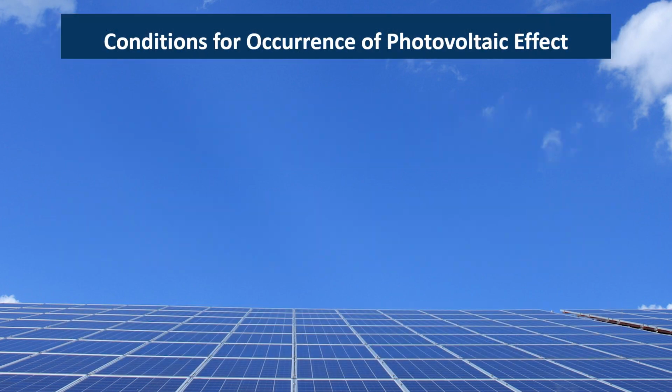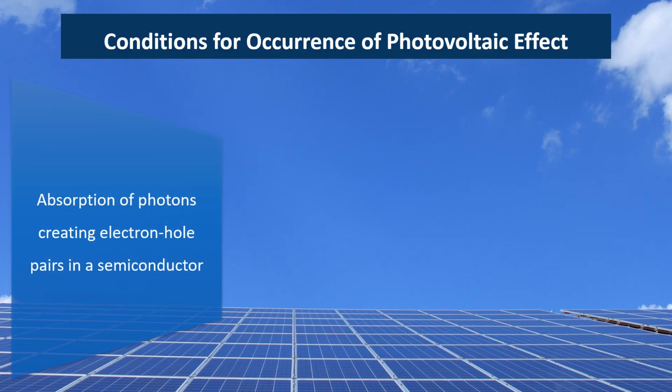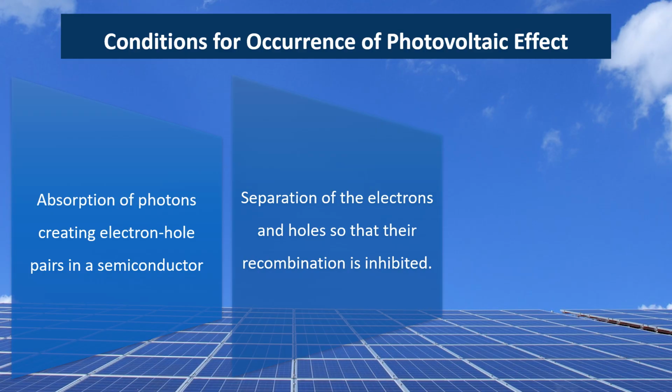Now we will discuss the conditions for occurrence of the photovoltaic effect. The basic conditions for the photovoltaic effect to occur are: the first condition is absorption of photons creating electron-hole pairs in a semiconductor. The second condition is separation of the electrons and holes so that their recombination is inhibited.